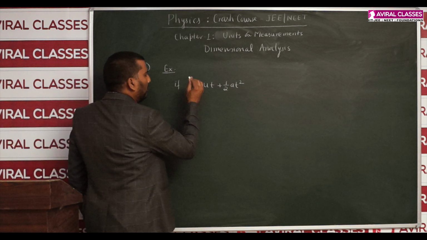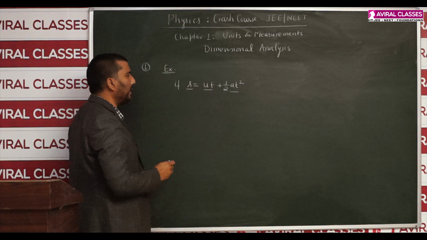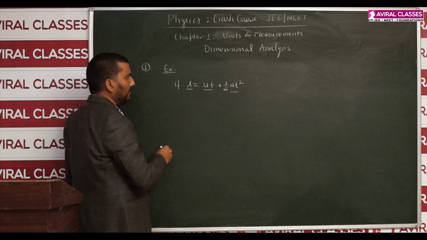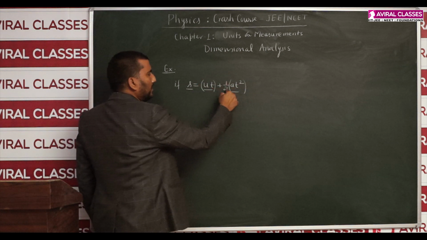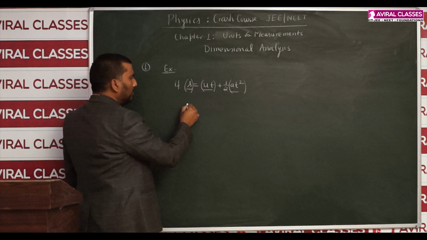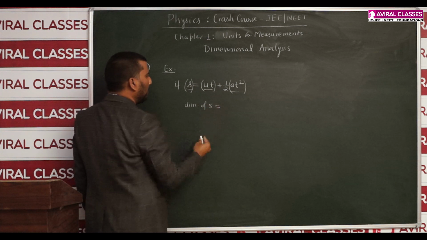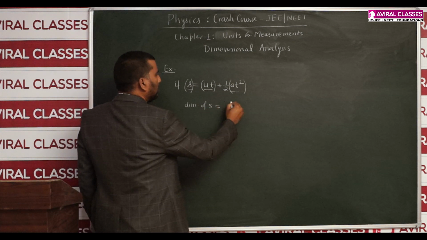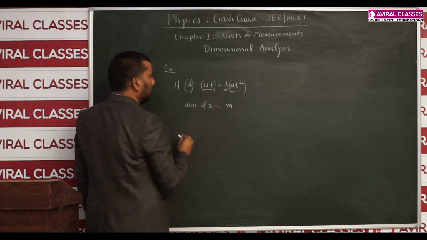Now, according to the principle of homogeneity, same dimensions should be added, subtracted and equated. Because half is a constant, and this should have the same dimension. So dimension of S is equal to length, let me write, meter.